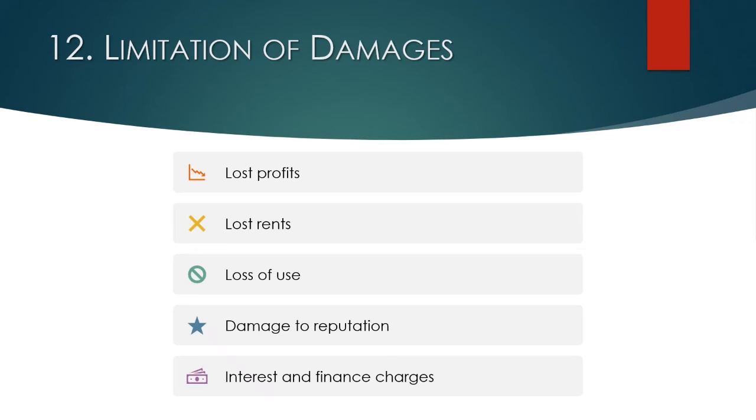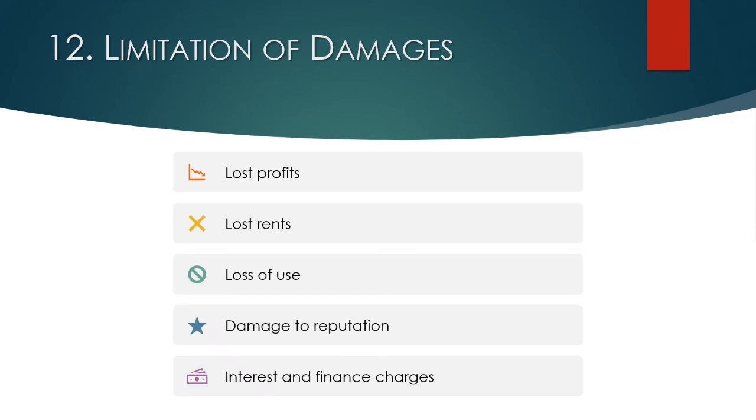Limitation of damages. This is an important one, and many subcontracts and prime contracts have some form of waiver or limitation of damages, but the damages that the owner or the subcontractor can incur on a construction project run the gamut.